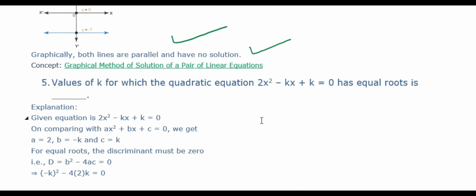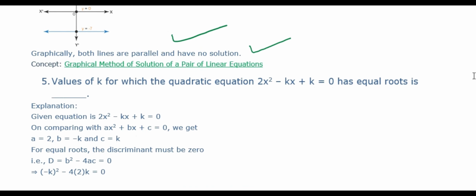And the next question on your screen: you can see the value of k, for which the quadratic equation 2x square minus kx plus k has equal roots. Very easy, you have to find the k value. So here is the equation and you compare it: a equal to 2, b equal to minus k, and c equal to k, right?